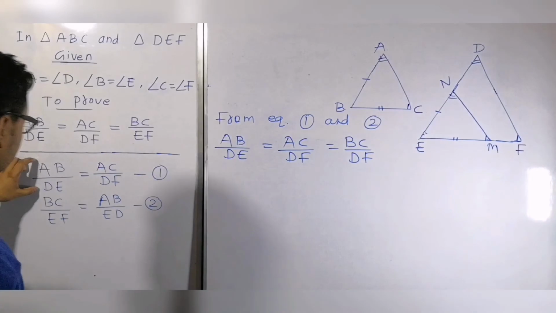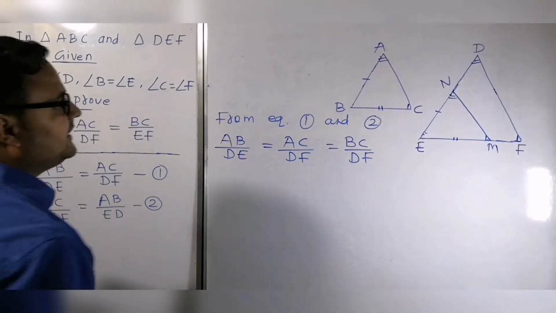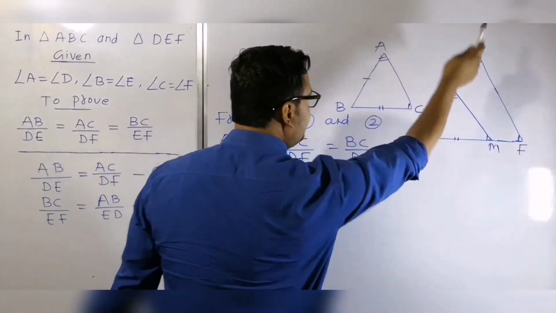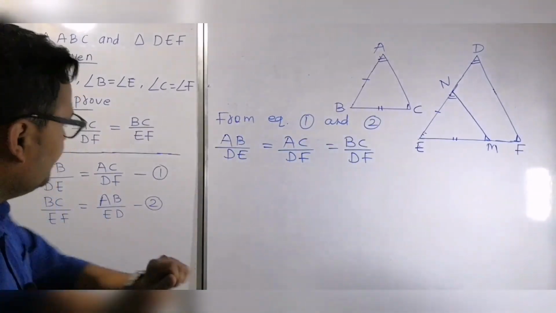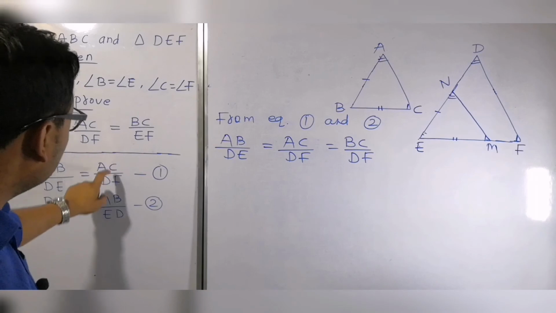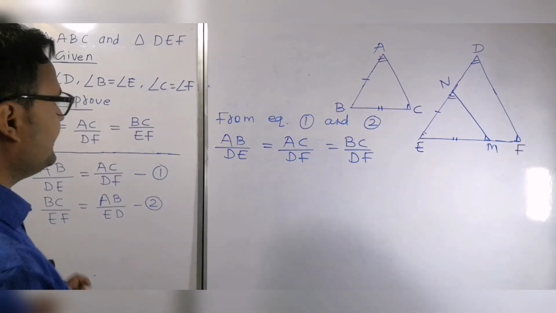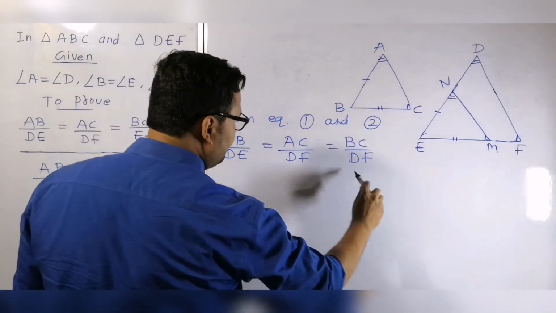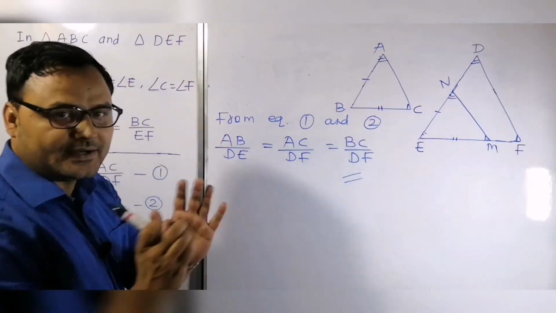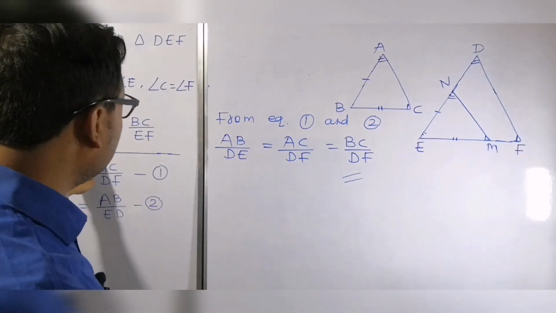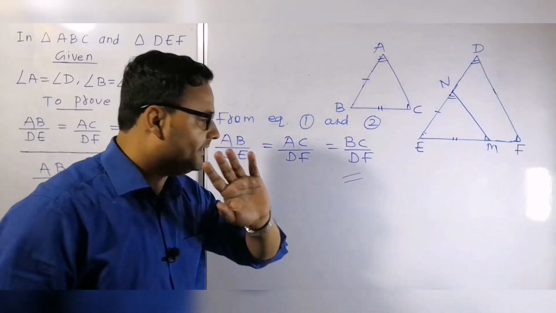Don't get confused here, DE and ED both are the same. So from equation 1 and 2, AB by DE equal AC by DF, and again this AB by DE equal BC by EF. So this is also equal to BC by DF, and that is proved. What we finally had to prove was AB by DE equal AC by DF and equal BC by EF.